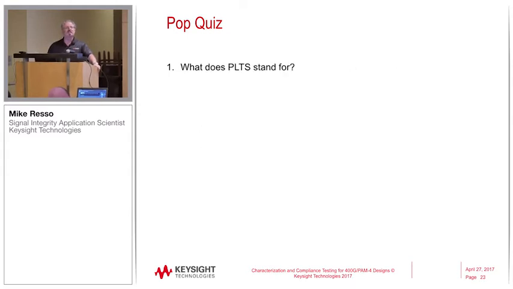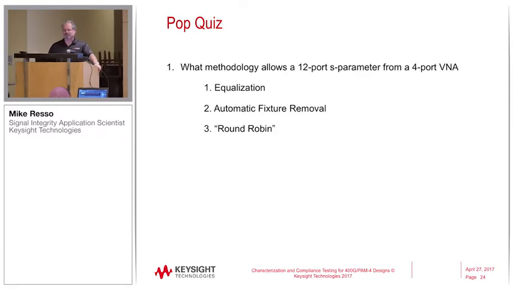What does PLTS stand for? Physical Layer Test System, PLTS. What methodology allows a 12-port S parameter to be created from a 4-port VNA measurement? Round robin. You guys are too smart. You know all the answers.